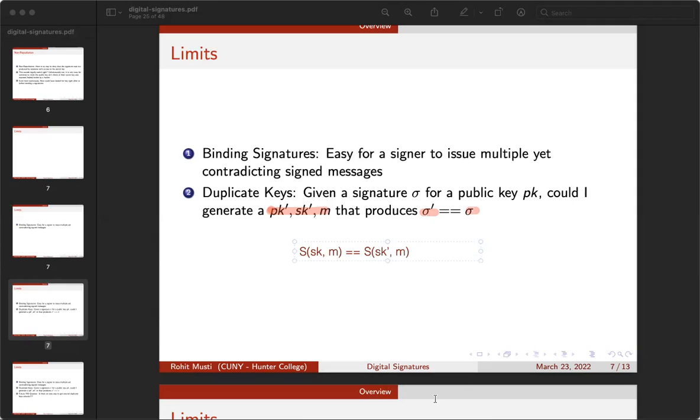So that's possible. So imagine I can therefore forge a message and fake a secret key. Like that's kind of forging a signature.